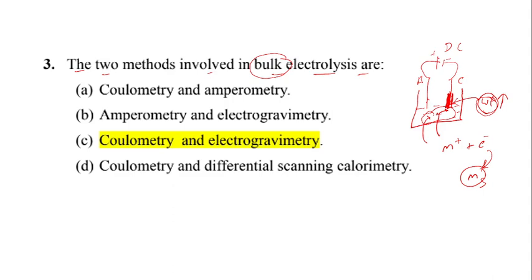Particular voltage and other details we will discuss further, but this is the basic concept. This way you can measure a particular metal ion. This can be done by coulometry and electrogravimetry. Coulometry means you are giving charge. Why is it known as coulometry?